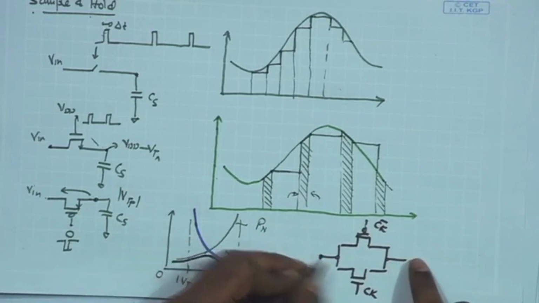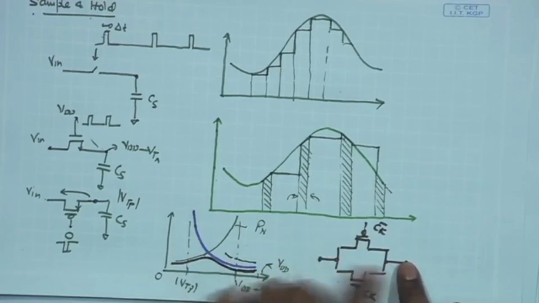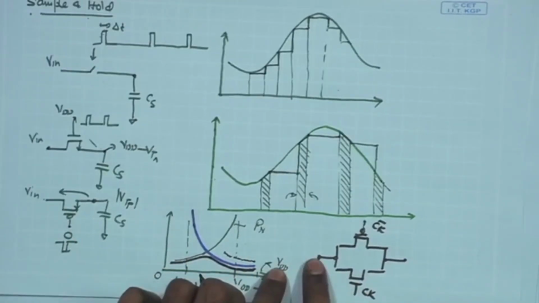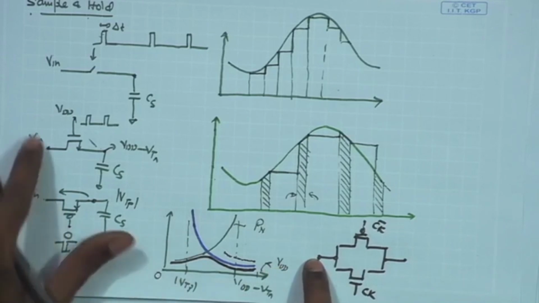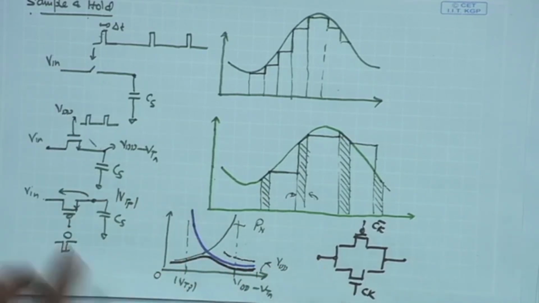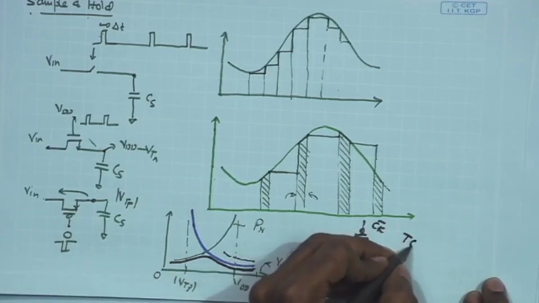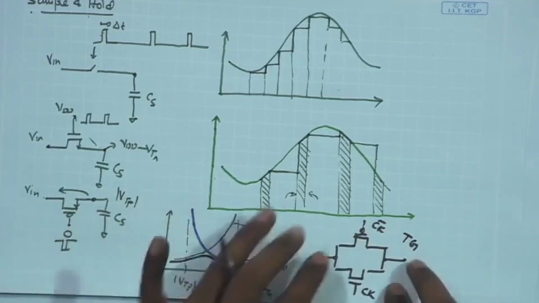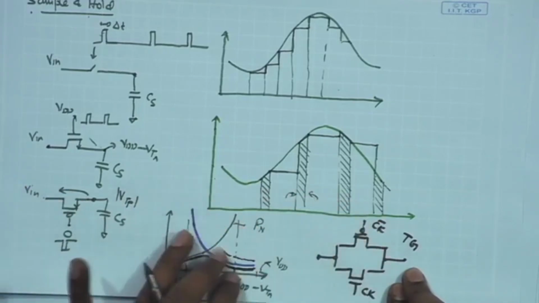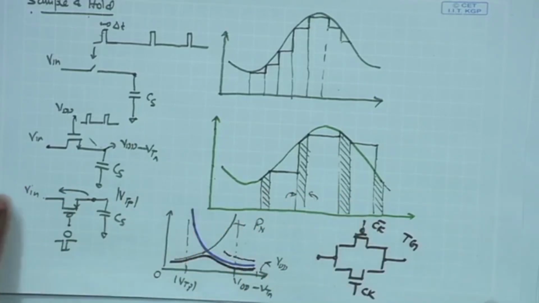So, in this case you can have an overall resistance across the switch which is remaining relatively flat across the entire input range, and it can sample an input signal going all the way from 0 to VDD. So, this can be termed as a transmission gate, which is very effective in sampling operations or analog circuits where we have constant sampling of analog data.